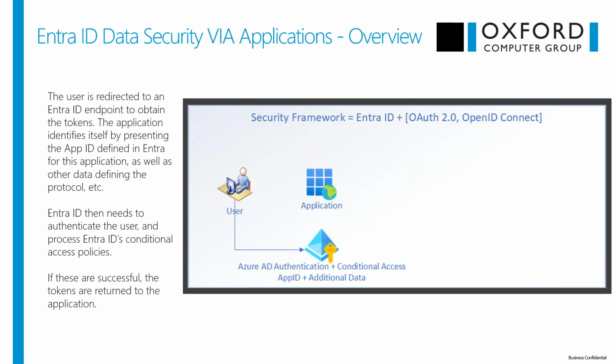So it goes to Azure AD, or Entra ID now, which is what it's called. And it's going to ask you for authentication if you haven't already authenticated. Then because it knows the application via the application ID, and it knows the protocol it's using because there's additional data sent when it redirects, it knows what type of conditional access it's going to do.